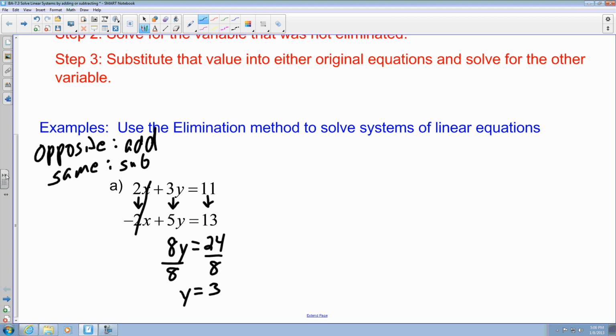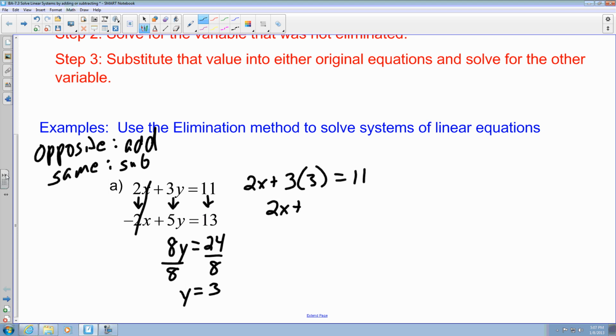Last step is we substitute this value into either original equation and solve for the other variable. This happens to be x. So I'm going to use the top one. So I got 2x plus 3 times 3, because I know my 3 equals y, equals 11.